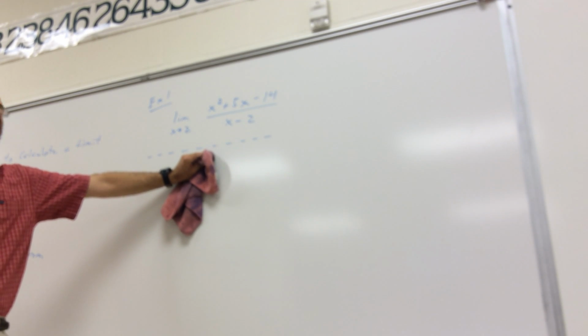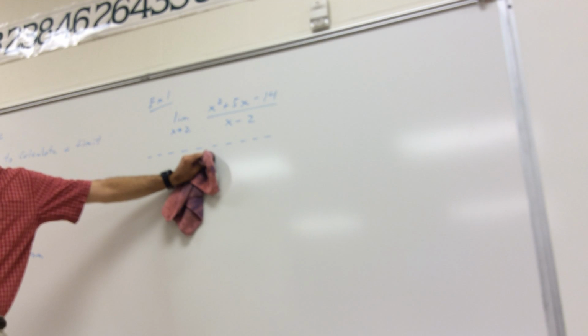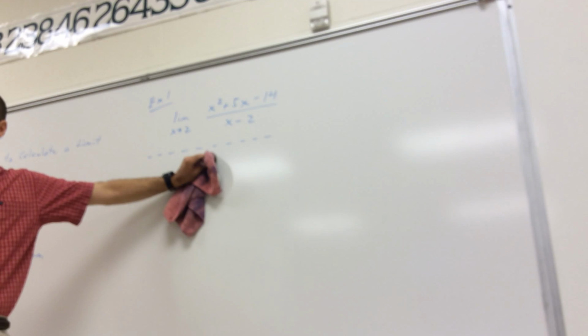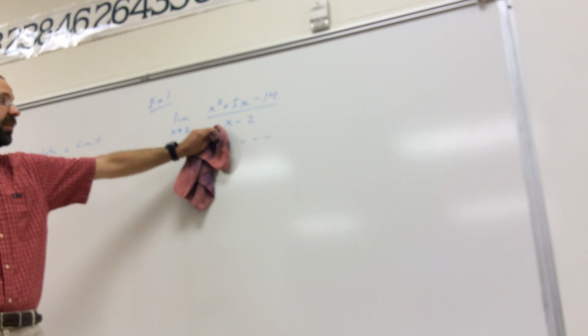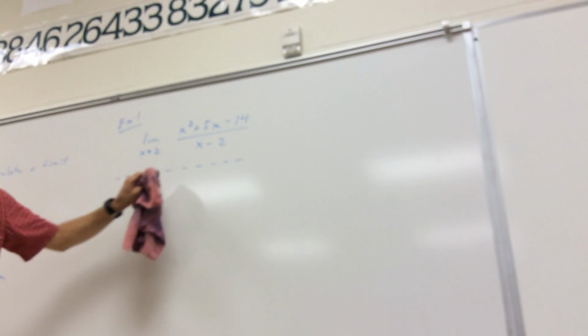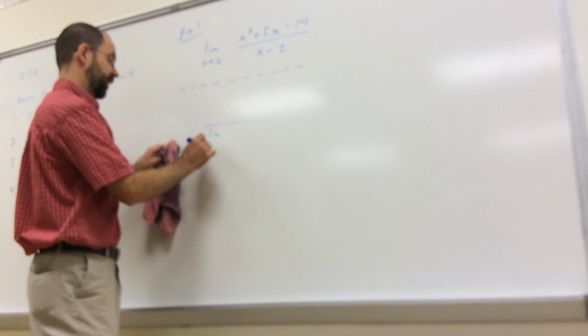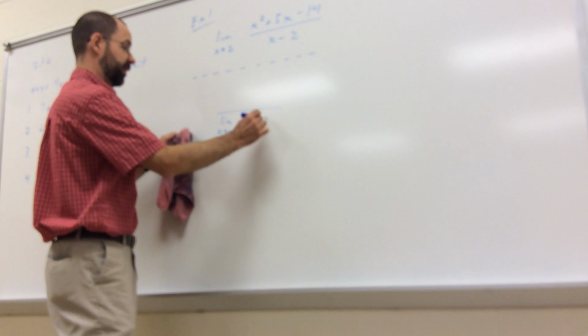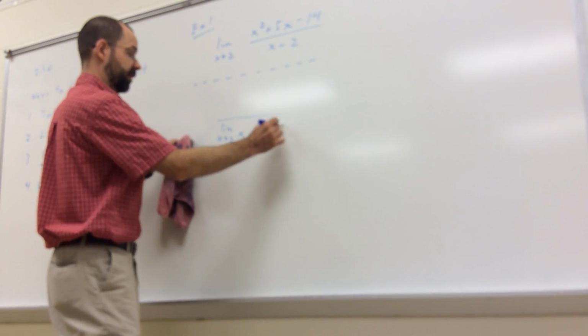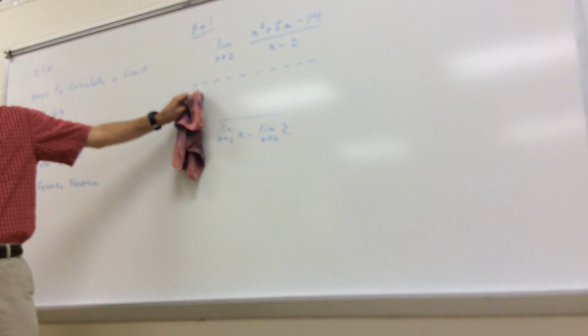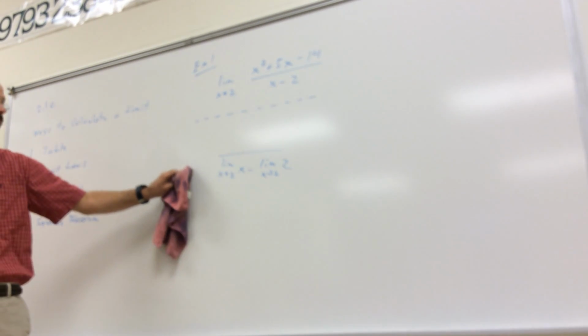Okay, so we could try limit laws on this one, right? We could put the limit on the top and then the limit on the bottom separately. And then on the bottom, we could put the limit past the minus. So it would say limit of x minus limit of 2, right? So I don't want to write too much of that down because it's not going to work. But, and then the limit would be on the top as well, right?